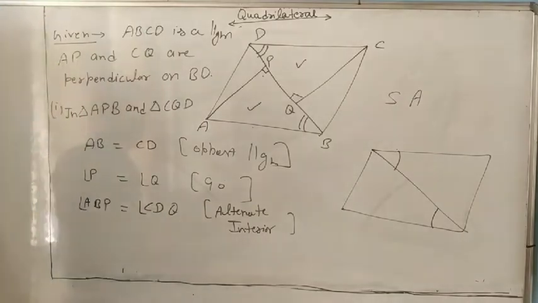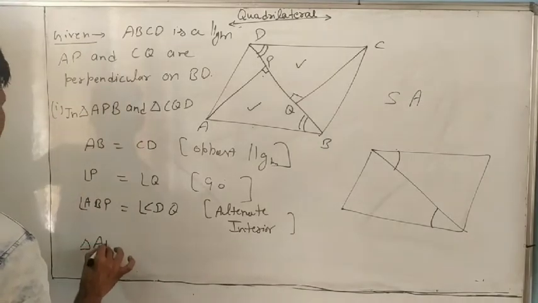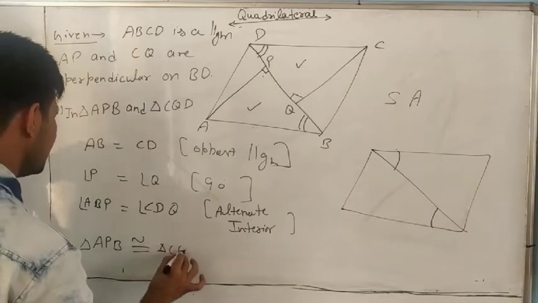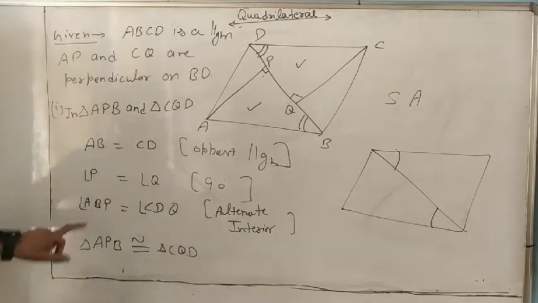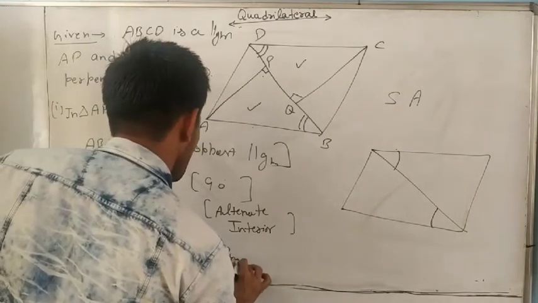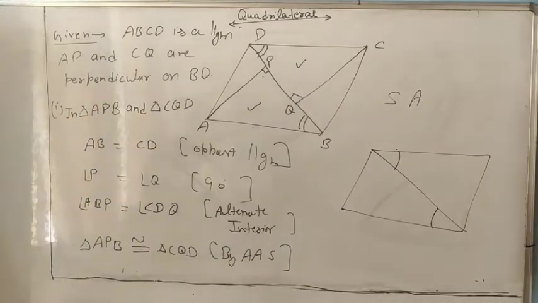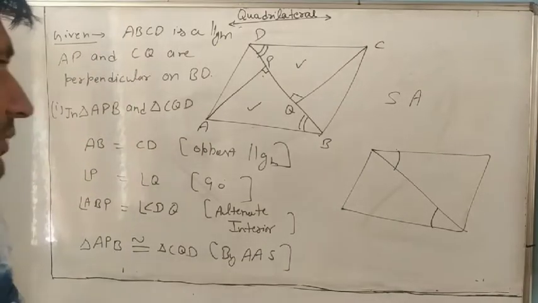And if they are equal, we can say the triangles are congruent. So write triangle APB congruent to triangle CQD by which property? Angle side criteria. Understand it? Next is the second part. The first part is very easy.